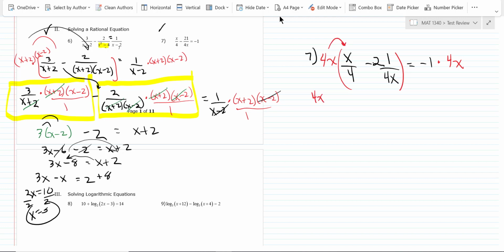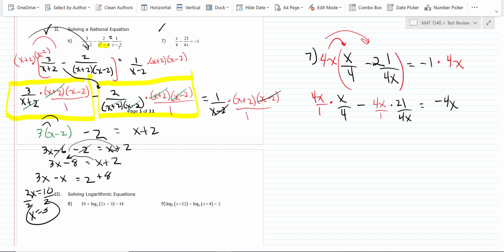You're going to have 4x over 1 multiplied by x over 4 minus, and we're doing a distributive property, so 4x over 1 multiplied by 21 over 4x from the original problem. And then this right side is just negative 4x now.